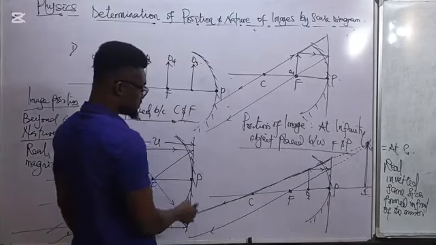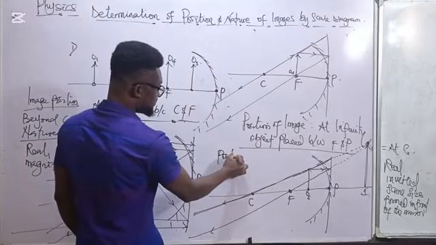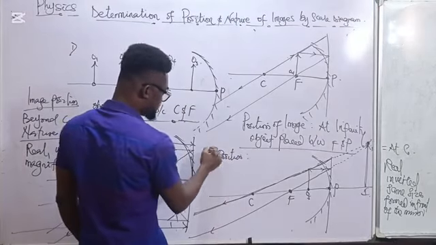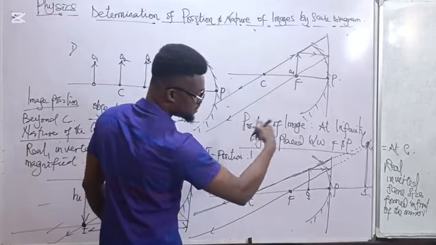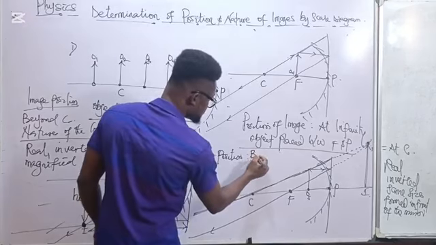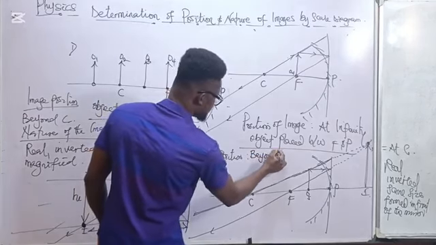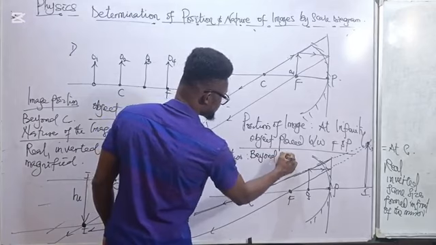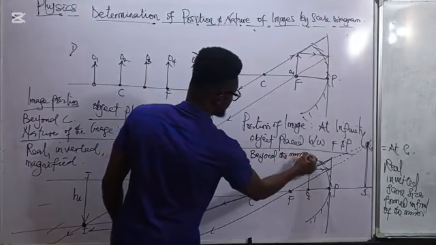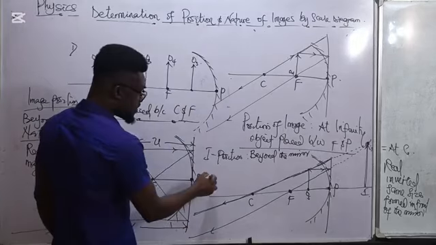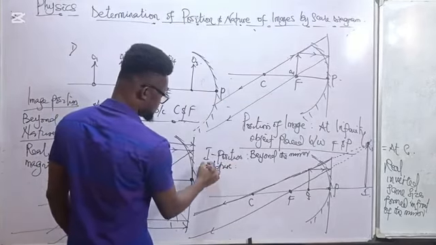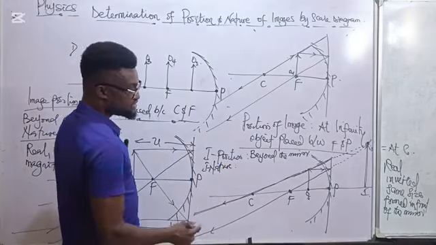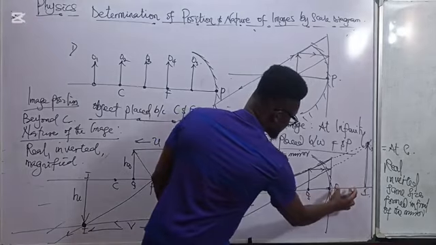So what is the position of the image? So the image position now becomes what? Beyond the mirror. Or you say at the back of the mirror. Okay? It forms at the back of the mirror. Then what will be the nature of the image? That is the image nature. Then the nature now is what?